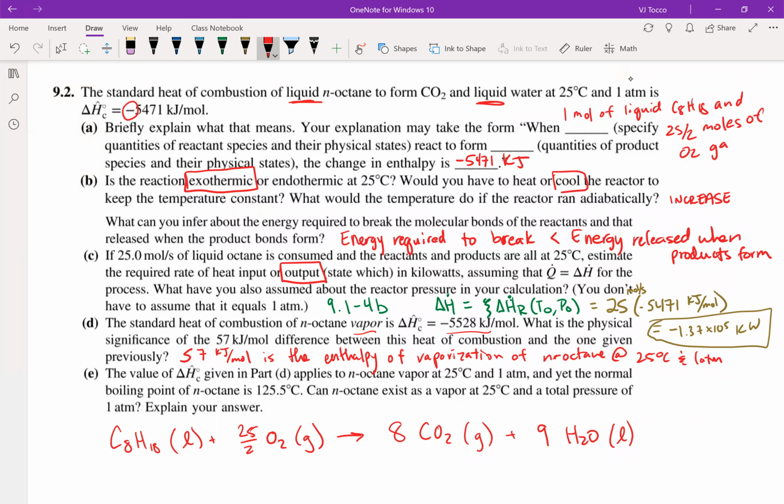And the final part E says the value that is given in part D applies to n-octane vapor at 25 C and 1 atmosphere, yet the normal boiling point of n-octane is 125.5 degrees C. Can n-octane exist as a vapor at 25 C and at a total pressure of 1 atmosphere? Explain. This is something that we've talked about in chapter 6, that oftentimes water exists as a vapor at temperatures below its boiling point as well.